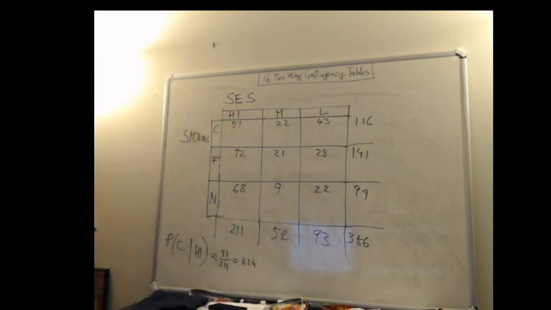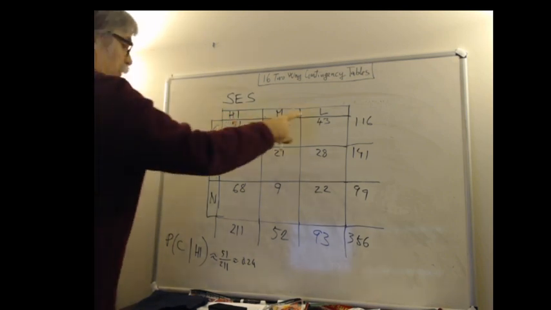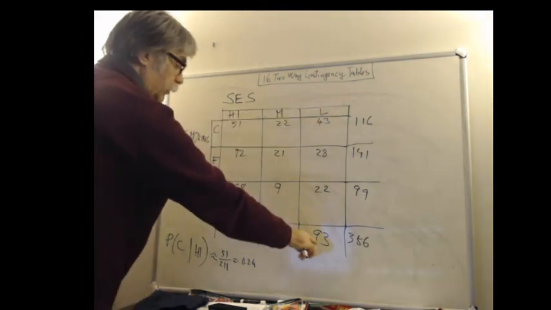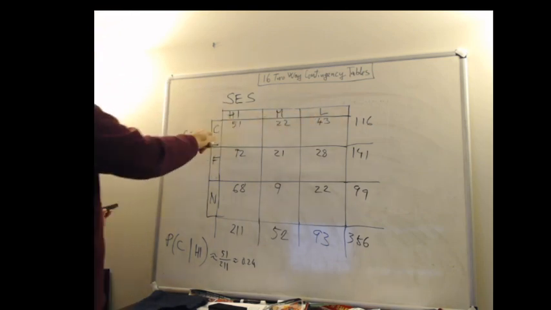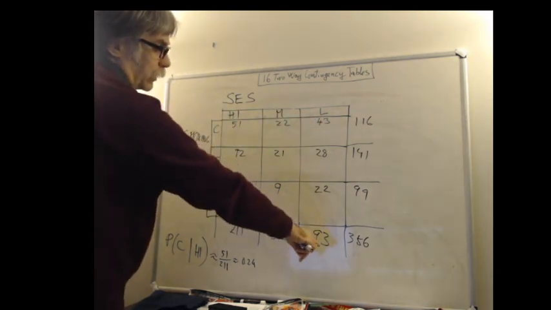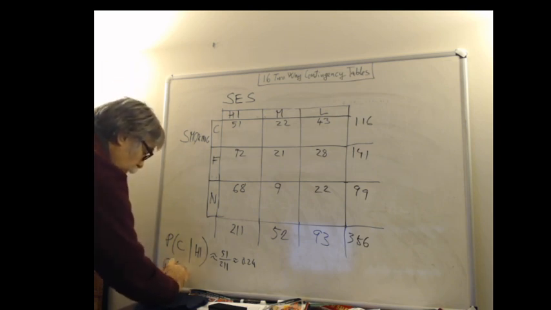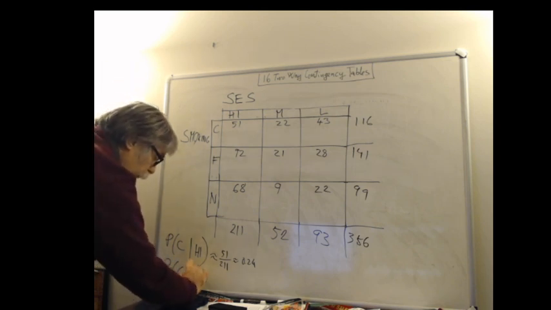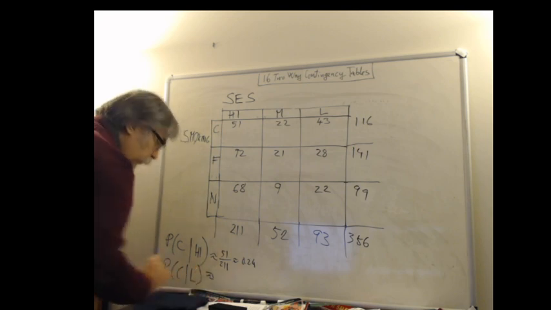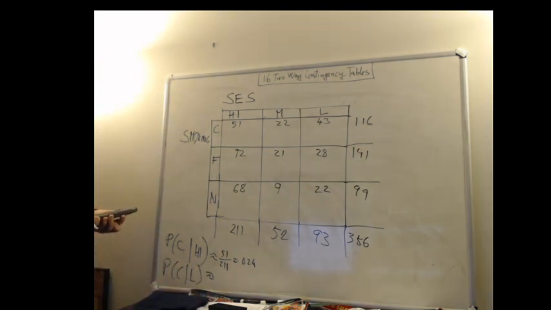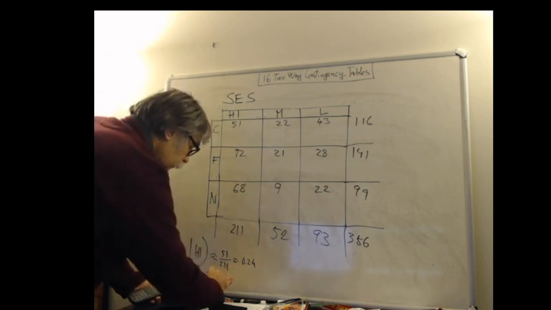Okay, and then you look at the low income level. What's the chance that a low income level person is going to be a smoker? 43 out of 93. 43 are smokers out of the total number of low income level, here is 93. So the person being a current smoker while he has a low income level in this group would be 43 divided by 93, and I'm getting 46%.